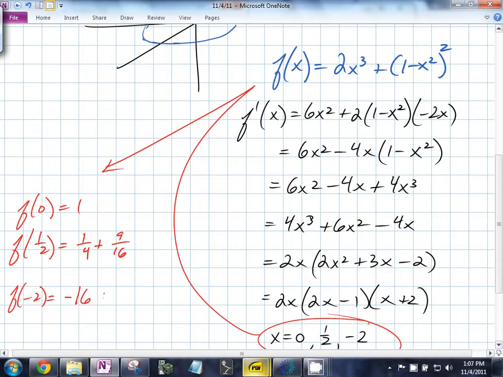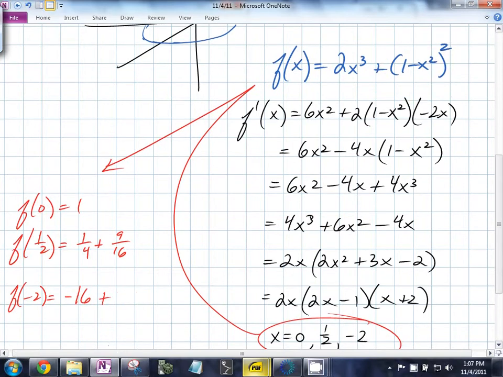Negative 2 into there, it's 1 minus 4, so it's going to be 9, so negative 7. So there's our minimum. The middle one is 1, and this one's 13 over 16. Where's our maximum? Oh, 13 over 16. I was thinking of it flipped. So this is our max.